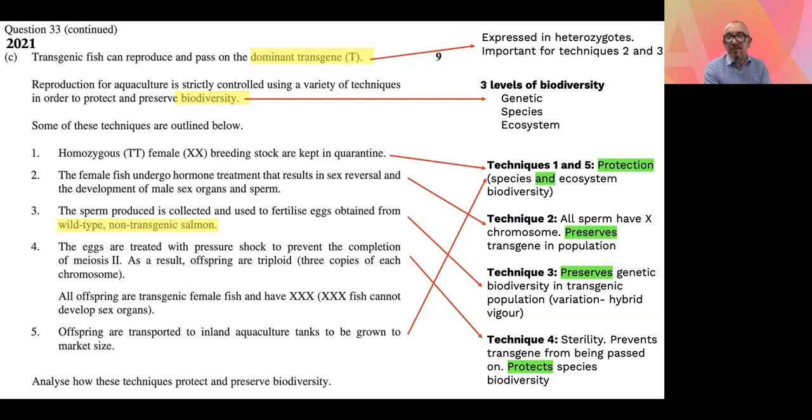Quite a lot of in-depth information is required, and how many techniques are there? There's 5 of them. So guess what you need to do? You need to address each and every one of them and understand what it means to protect biodiversity and also preserve biodiversity. You must explicitly address each of those terms, protect and preserve biodiversity.